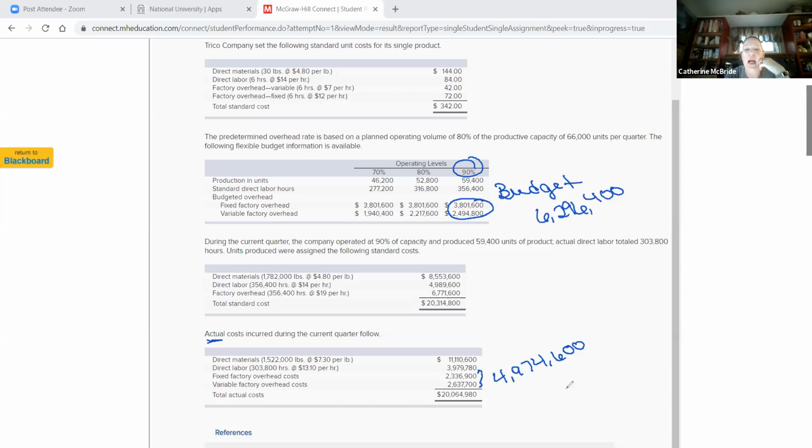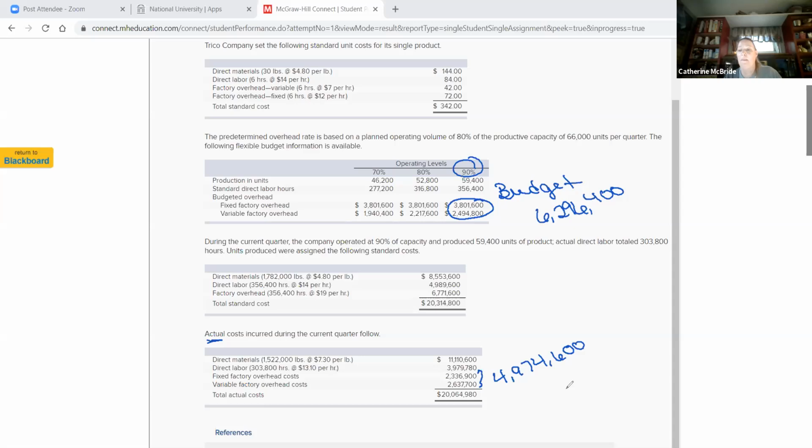So I see what you're saying. This just says that it's like a flexible budget, right? We used 80% to calculate our overhead rate. In other words, that's how we figured how much our budgeted overhead was going to be. But we're going to use the 90% because that's more what the capacity was at for actual. Got it. It makes sense.